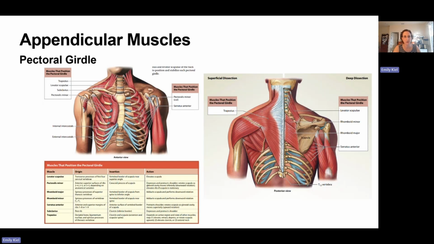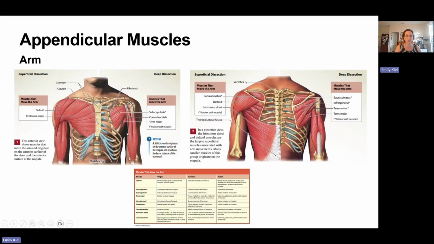Where can we see those? So the subscapularis is a little challenging to see on this view because it is on the anterior portion of the scapula. And so we're not really able to visualize it well here. Well, this is not really helping us for the rotator cuff, so let's go here.